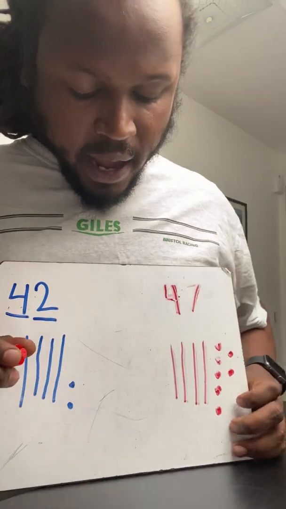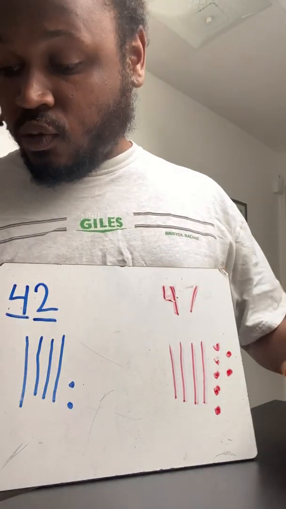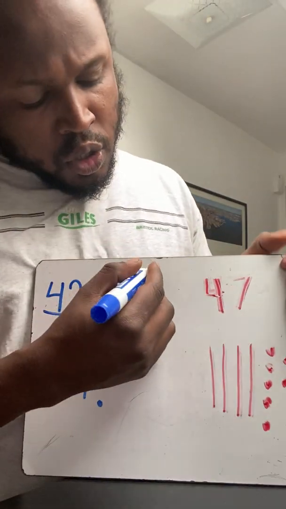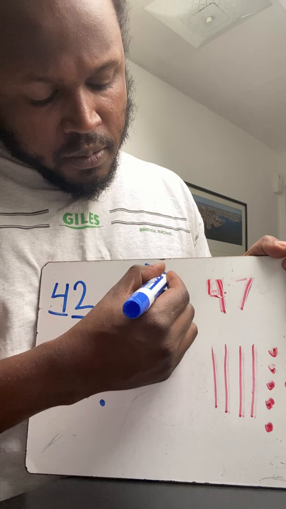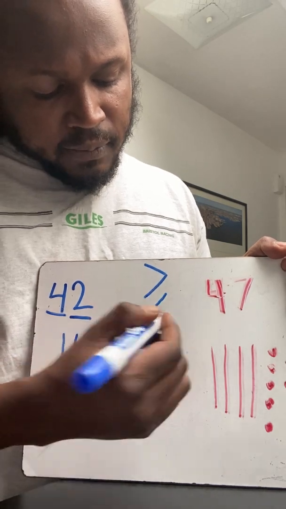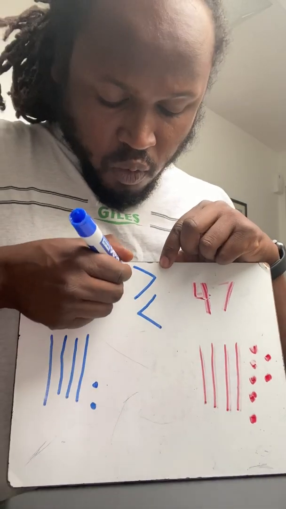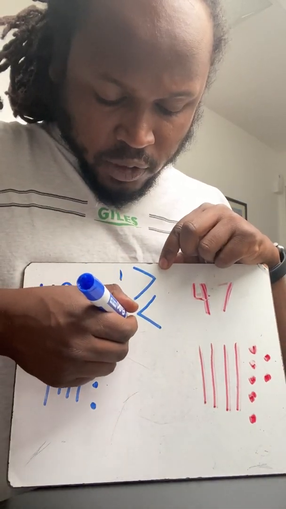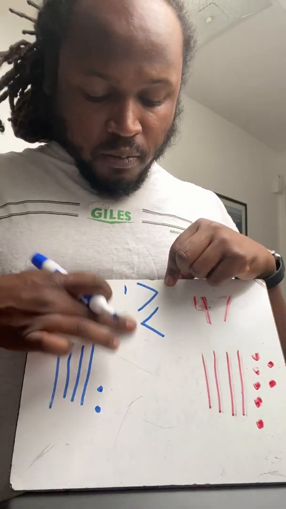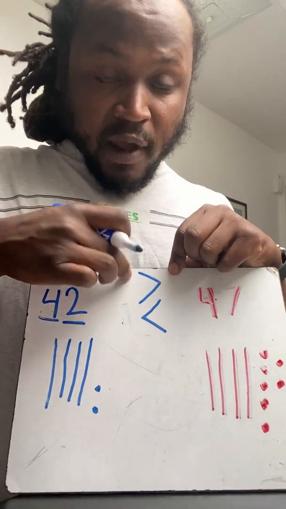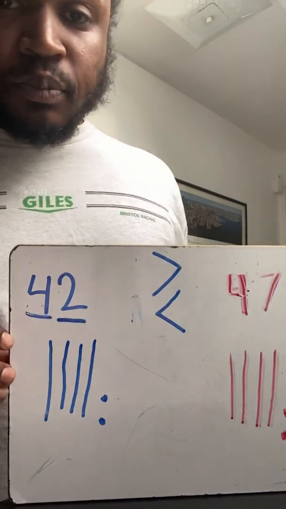Now, we want to compare our two numbers using greater than or less than. All right? You can't choose both of them. You have to choose either greater than or less than.